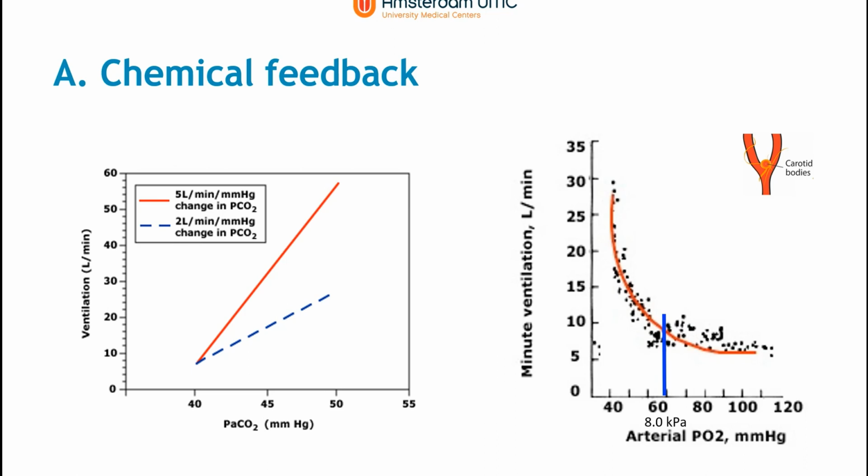And it's important to realize right here, arterial PO2 versus minute ventilation has a much different relationship. You have to become quite severely hypoxemic before PO2 increases minute ventilation, right? So only when PO2 is below 60 millimeters of mercury or 8 kilopascals, it increases your minute ventilation.